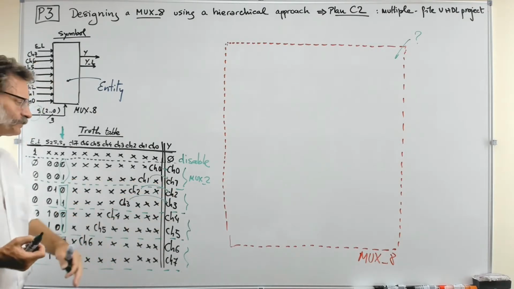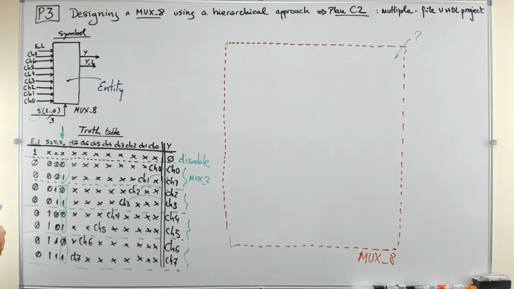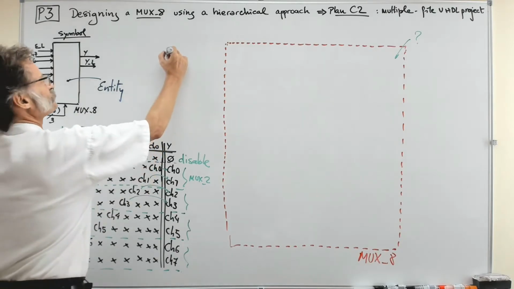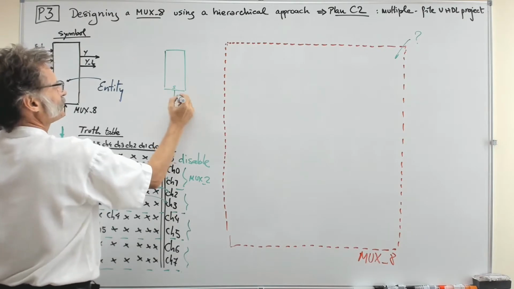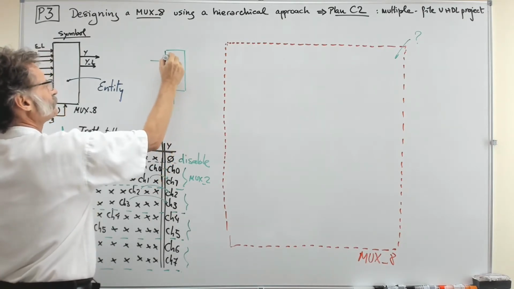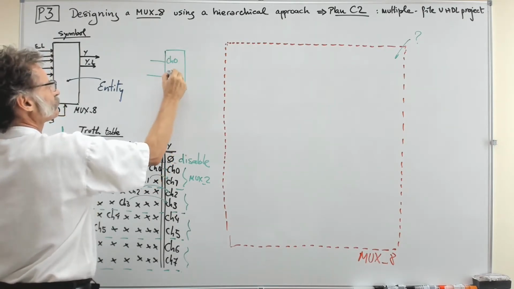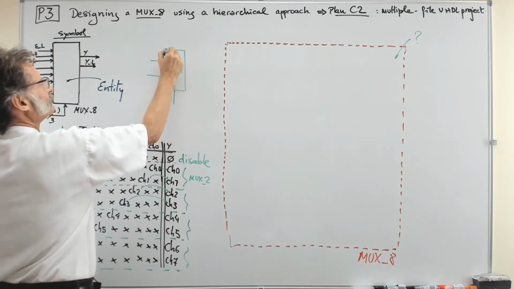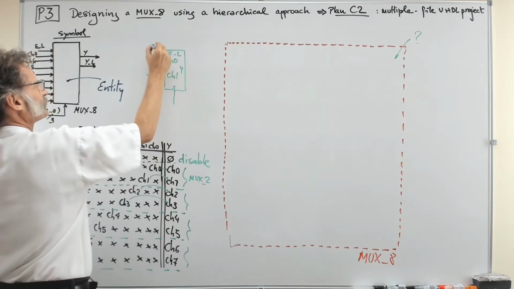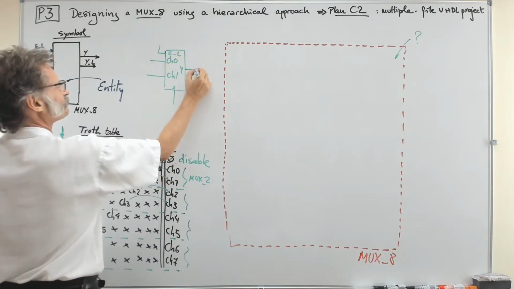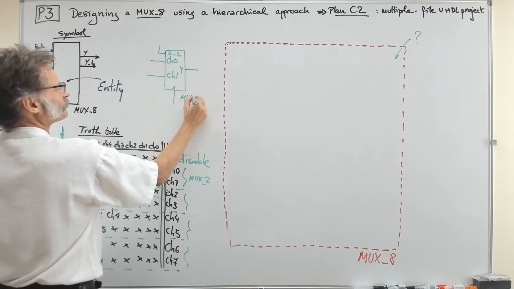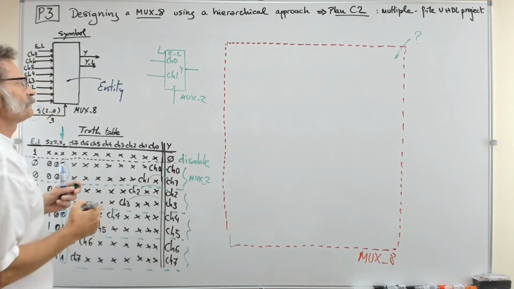So you can imagine that here you may have 4 MUX2 devices, and you know the MUX2 is something like this. It has a select input, only one wire. You have the channel 0, the channel 1, and the Y, and the enable active low. The same as this circuit here, but smaller. So this is a MUX2, a multiplexer of 2 channels.